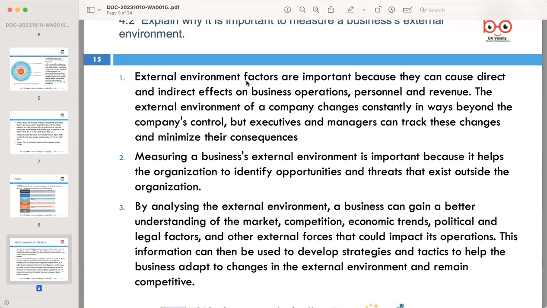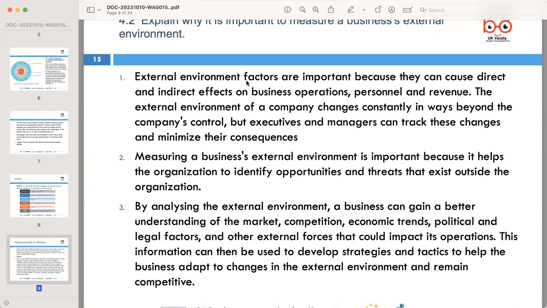Executives and managers need to monitor these changes and take measures to minimize their consequences. Then identifying opportunities and threats: analyzing the external environment enables an organization to identify both opportunities and threats that exist outside the company. This understanding is vital for strategic decision making.